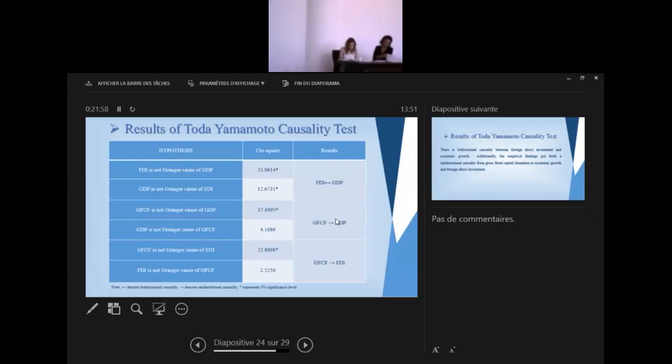And in that, I found out there is a bidirectional causality between foreign direct investment and GDP. And there is a unidirectional causality from domestic investment to GDP, and from domestic investment to foreign direct investment.